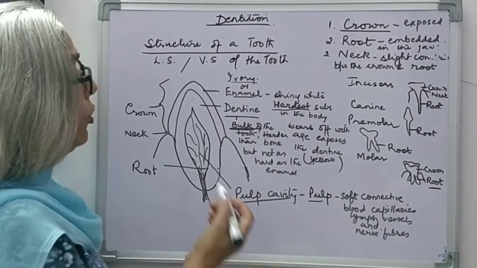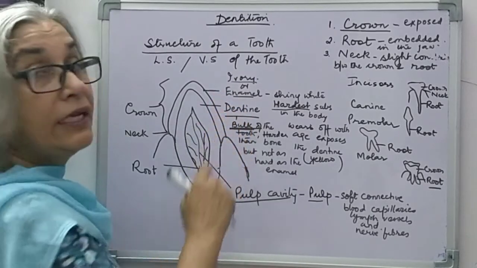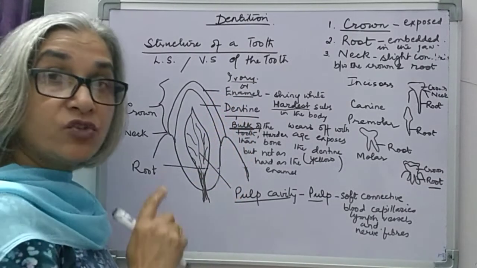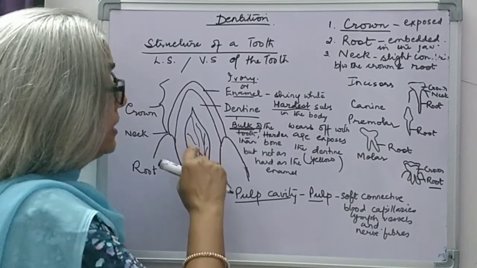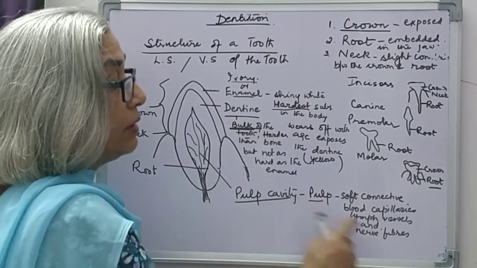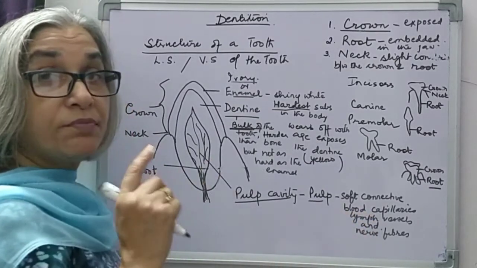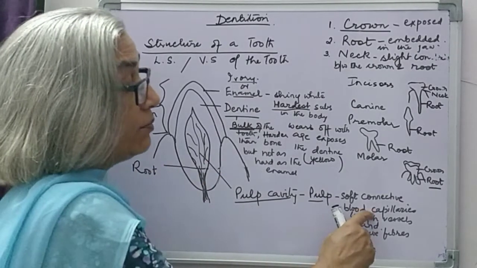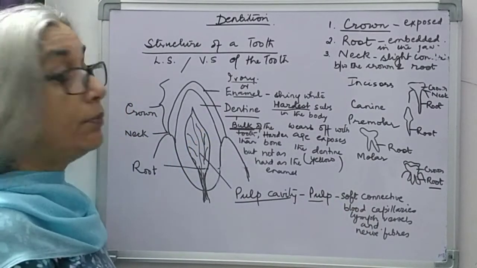So the sensation is felt when the enamel and the dentine get damaged in case of caries or tooth decay. The sensation can be felt because the pulp contains nerve fibers, and sometimes if the infection is bad, there can be bleeding because pulp also contains blood capillaries.